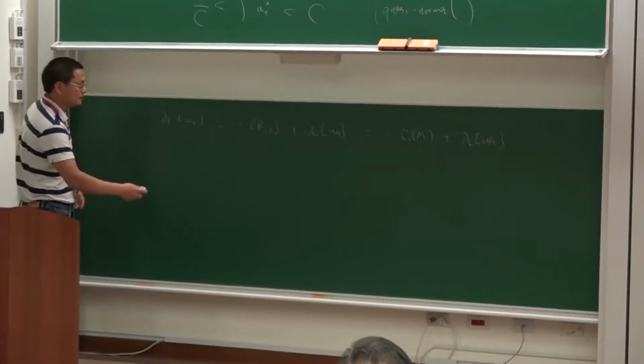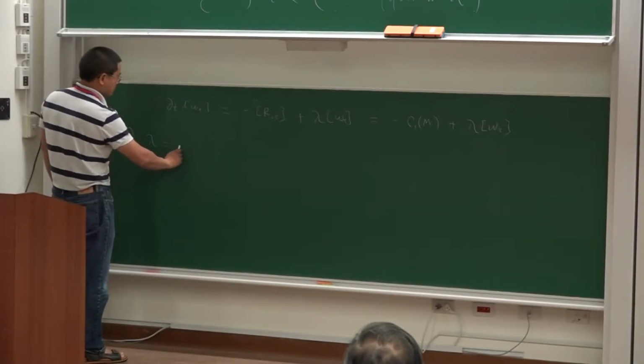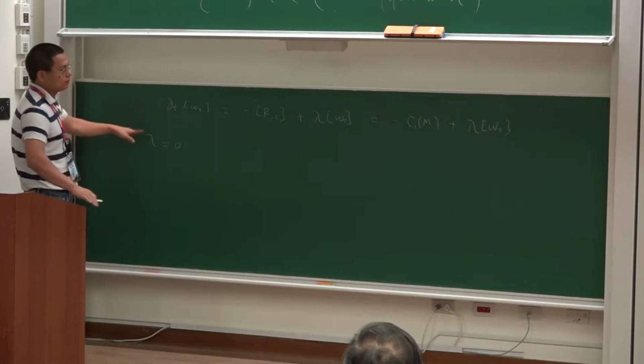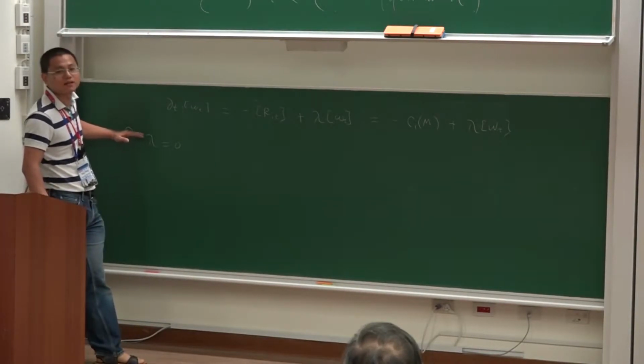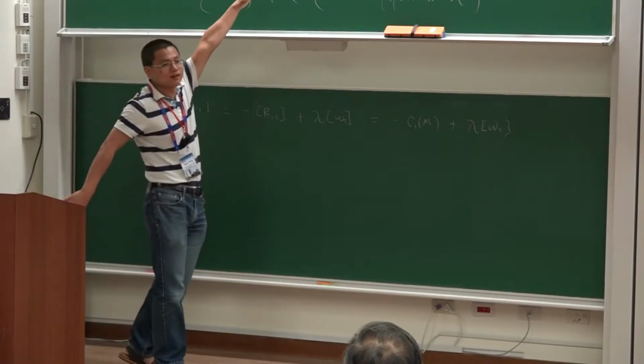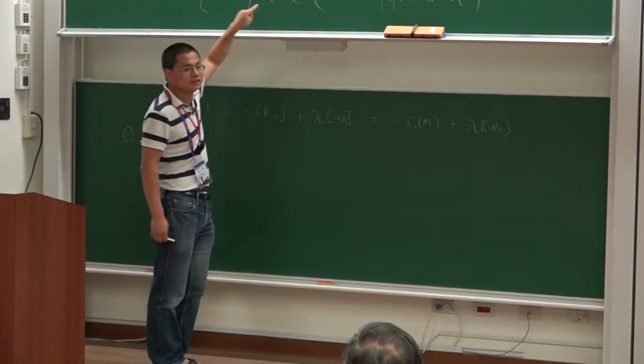Then we consider the simple calculation. We consider the first case, lambda is 0. Of course, this will be reduced to the case discussed by Ben yesterday. So lambda equals 0, so this is unnormalized. But we put a condition here.